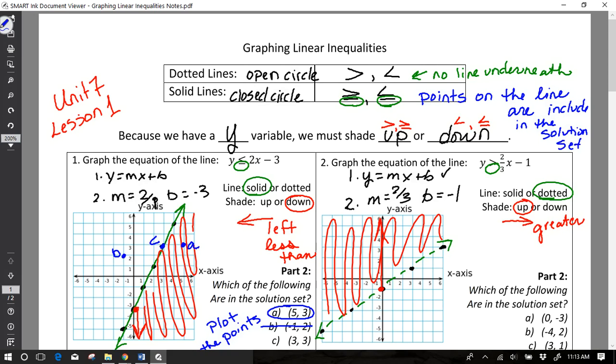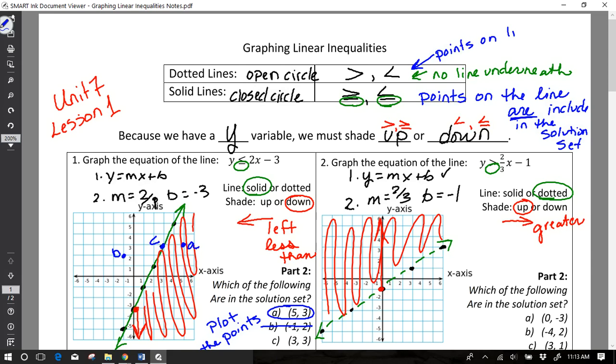Okay, so if there's a line underneath, points on the line are included in the solution set. If there is no line underneath, it means points on the line are not included in the solution set.